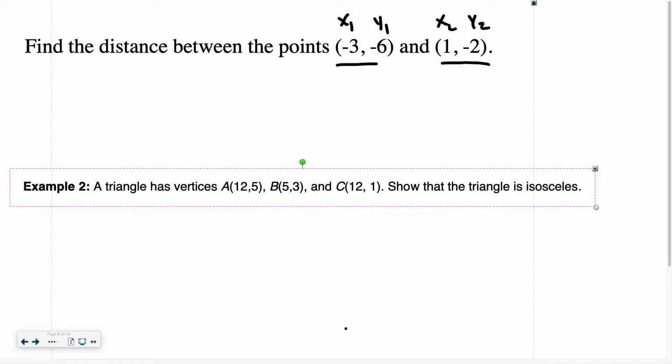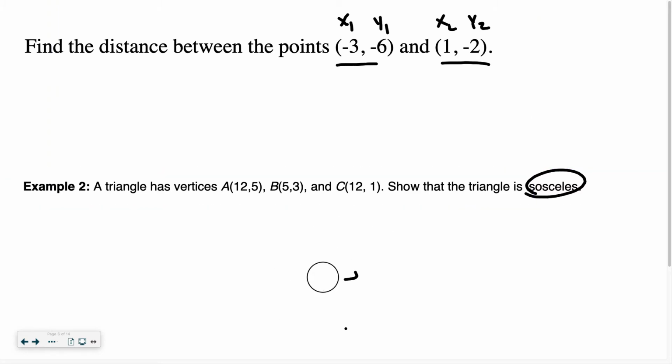Now here is another triangle, and you want to show that the triangle is isosceles. Remember, what does isosceles mean? Well, it's a triangle that has 2 sides being equal. So you want to find the distance of these 3 sides such that 2 of them are equal, okay? You got to show me that 2 of the sides are equal.